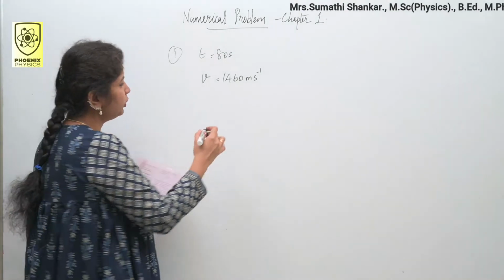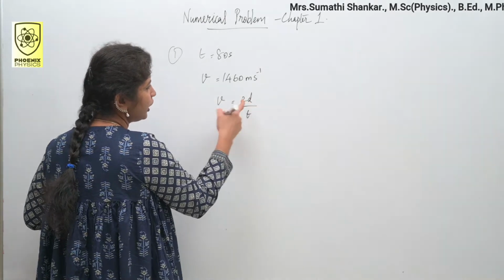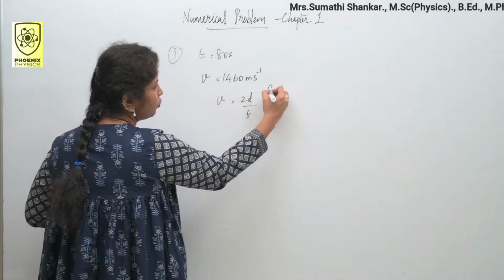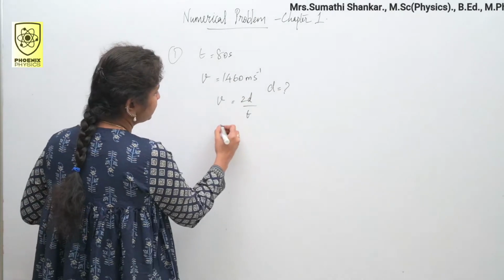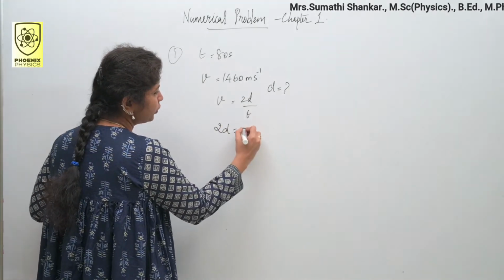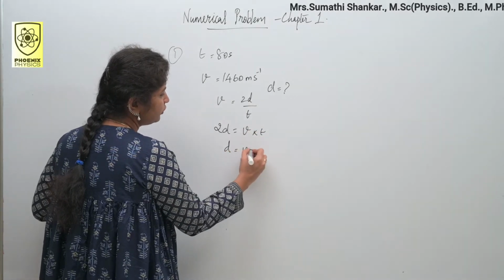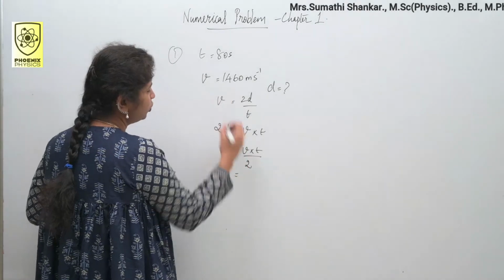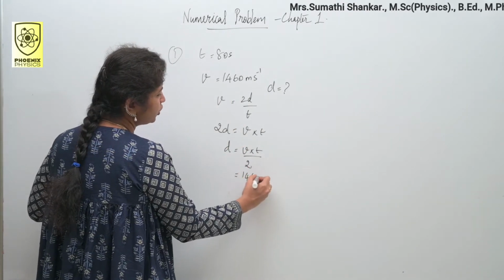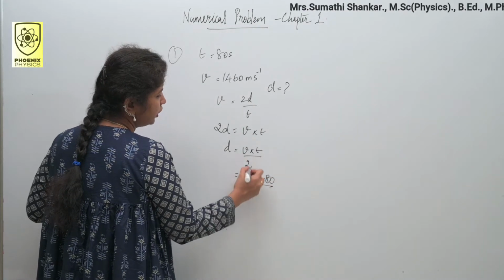Here you know the formula, V is equal to 2D by T. We have to find out the distance, what they asked. So bring this 2D here, 2D is equal to V into T. If it is D, it means V into T divided by 2. What is our V value? 1460 into T, 80 seconds, divided by 2.